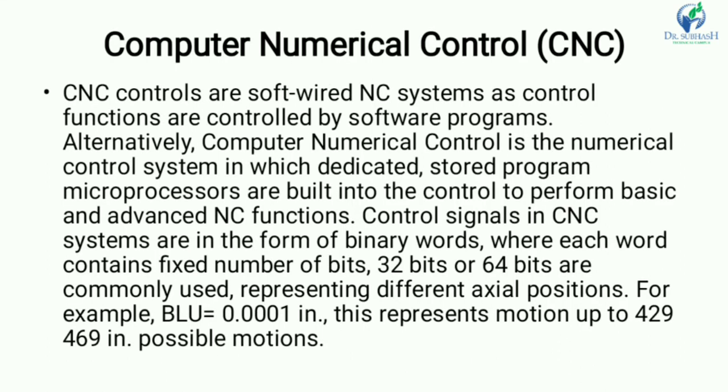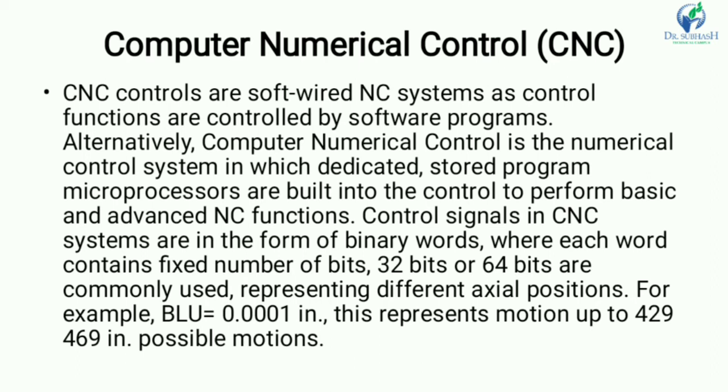Now, computer numerical control, that is CNC. CNC controls are soft-wired NC systems, as control functions are controlled by software programs. Alternatively, computer numerical control is the numerical control system in which dedicated stored program microprocessors are built into the control to perform the basic and advanced NC functions.